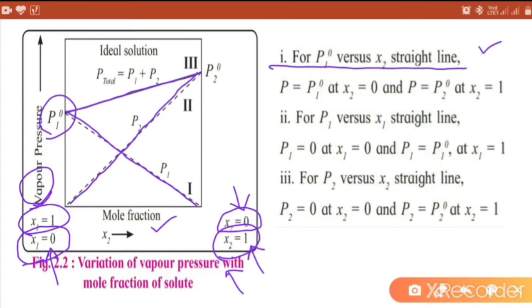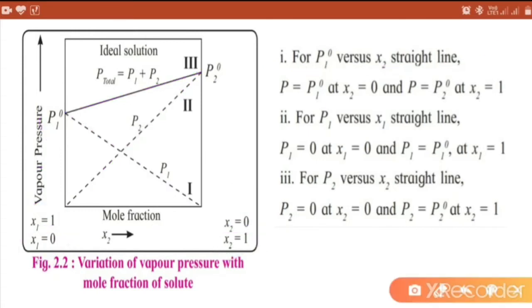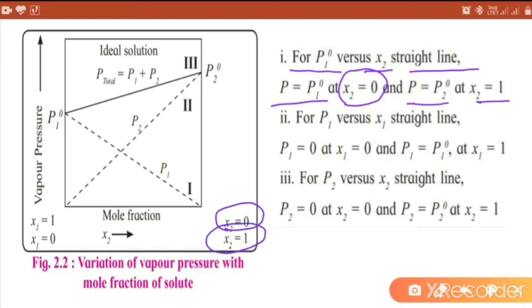As I have already told, in the graph for P versus x2 straight line, P is equal to P10 when x2 is 0 and P is equal to P20 when x2 is 1.